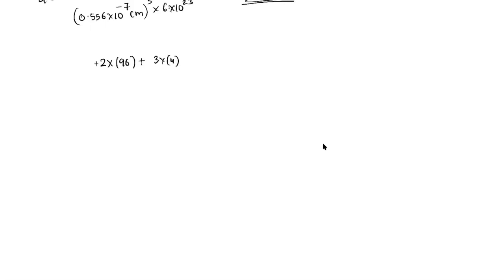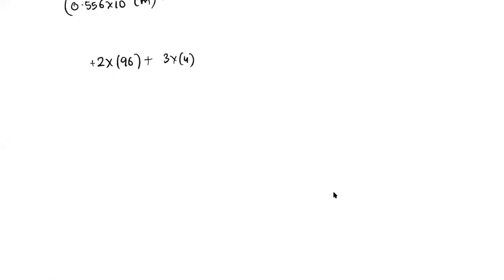So this much is the total amount per whatever amount has been given here. One second. So here we have 2 into 96 plus 3 into 4 minus 2x. Got it?